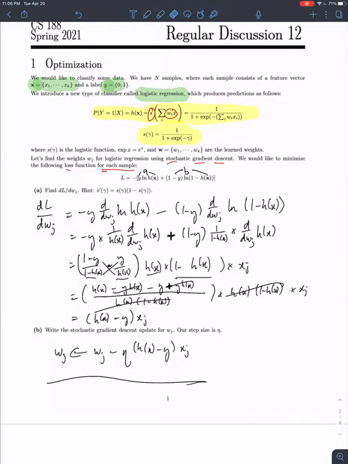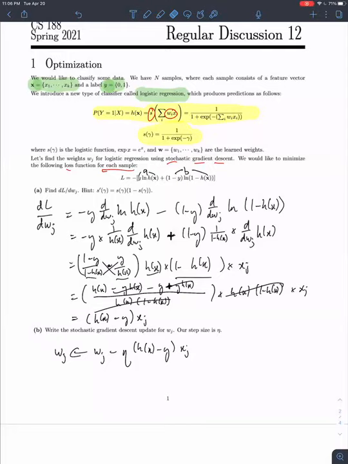So you might ask, why do we subtract off the derivative? The derivative, like dy dx, is saying if you increased x a little bit, how much would y go up. So d loss dw says if you increased w a little bit, how much would the loss go up.